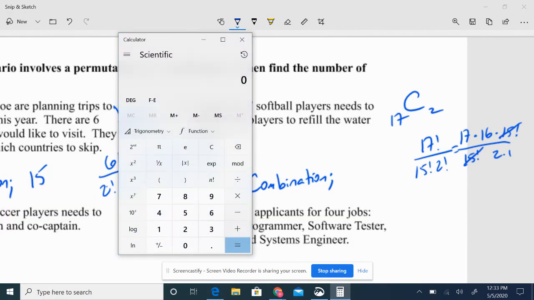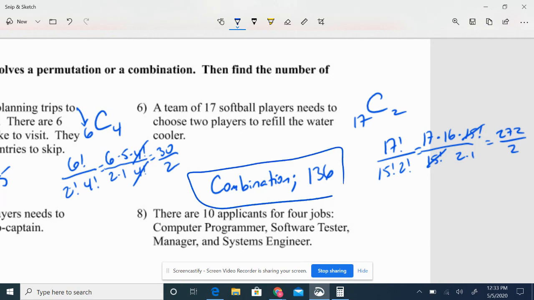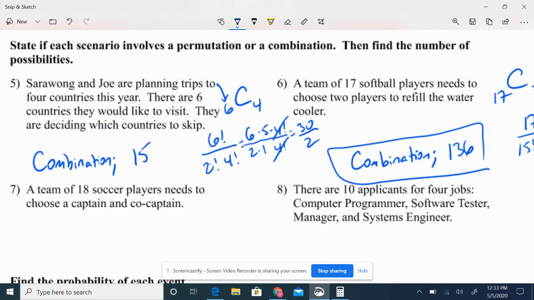Let me get a calculator to figure that out. 17 times 16, that is 272. 2 times 1 is 2. Now 272 divided by 2, that's 136. So it was a combination, and there's 136 possibilities that I can choose from.